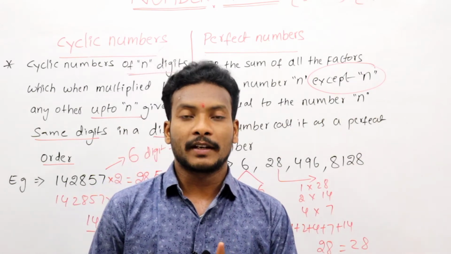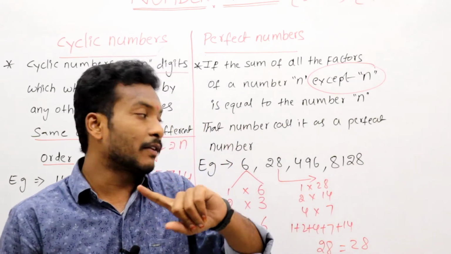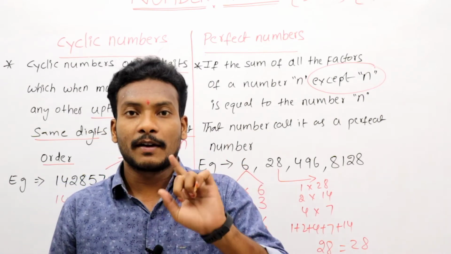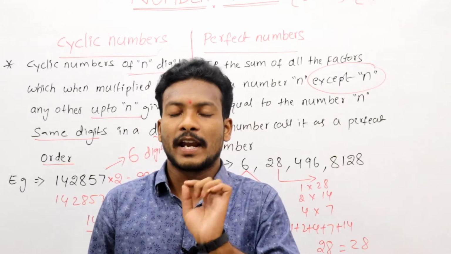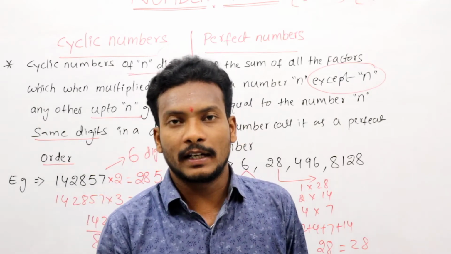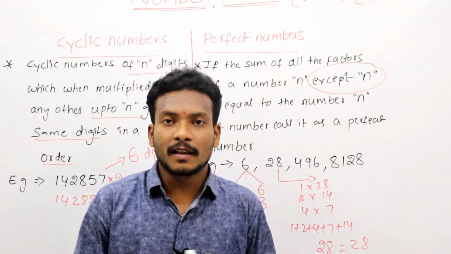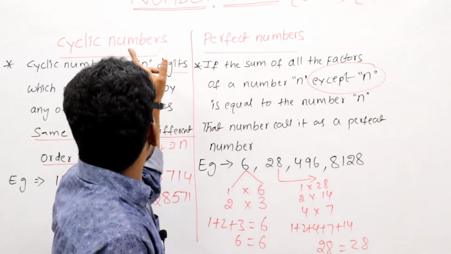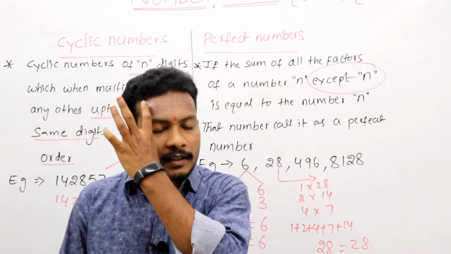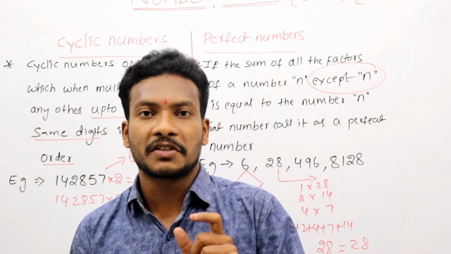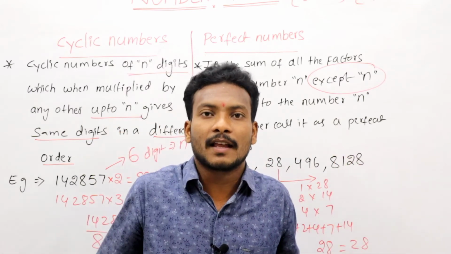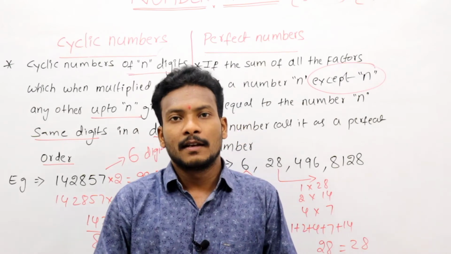The single-digit perfect number is 6, the 2-digit perfect number is 28, the 3-digit perfect number is 496, the 4-digit perfect number is 8128. These are all the brief explanation of a cyclic number and perfect number. From the exam point of view, you have to remember which one is a cyclic number and which one is a perfect number. These are the best examples.